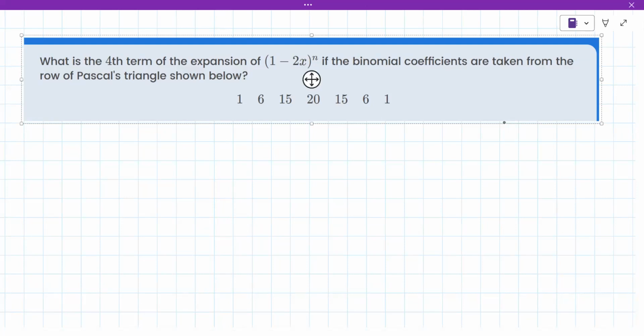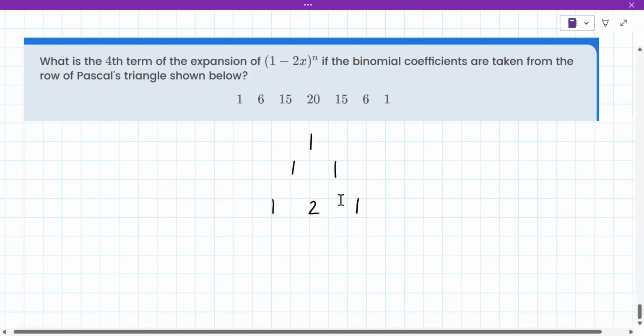You're first supposed to start with, okay, this is what Pascal's triangle is. Have you seen this before with the ones going down the side? It's okay if you haven't. I think I've seen it.